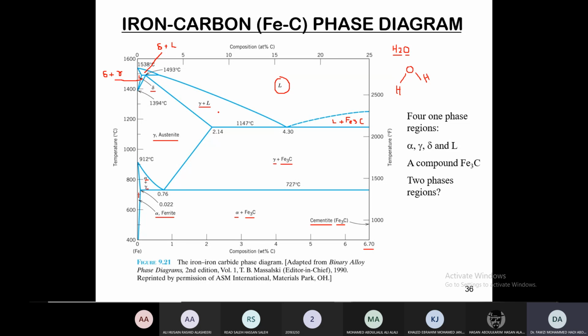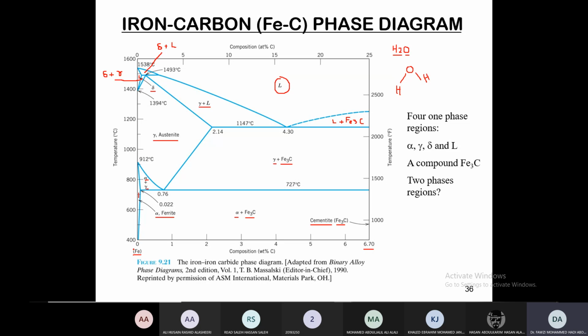There are three important points here on the phase diagram also. Let us look at them. Before that, let me just tell you some transformation which is very clear in the phase diagram, easier to cover at the beginning. If I ask you what is the melting point temperature of, let's say, iron, you can just go on the phase diagram.